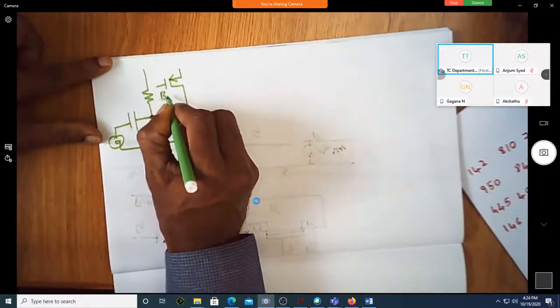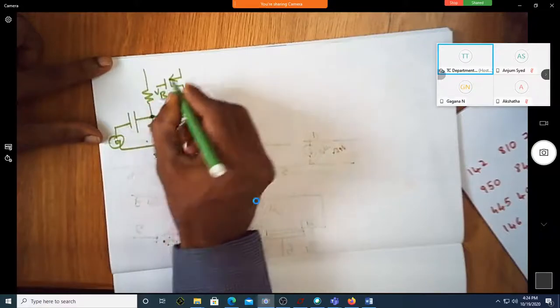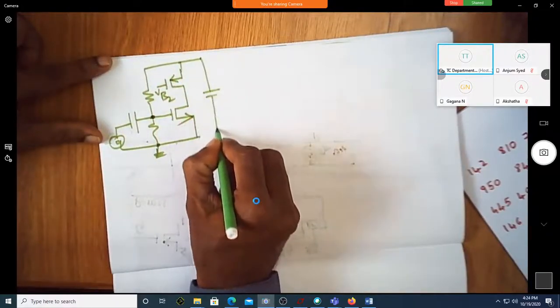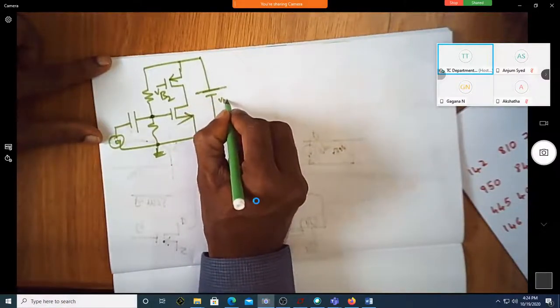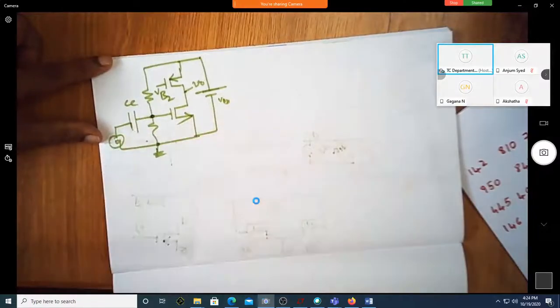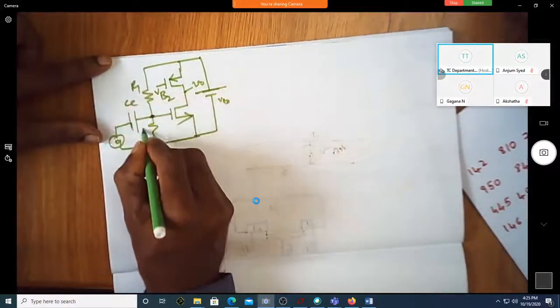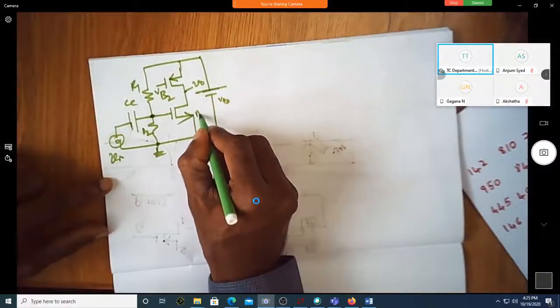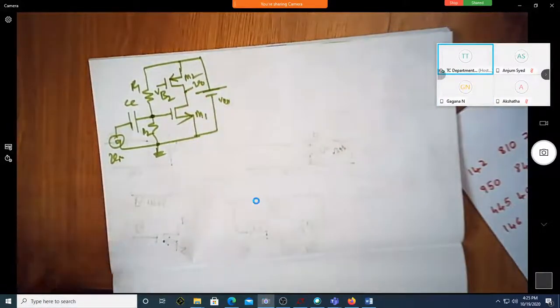I'm writing VB2; this is a DC voltage, and this is VDD. Here I'm taking V0. This is CC, this is R1, R2, Vin, V0. Done. Let me name them M1, M2.